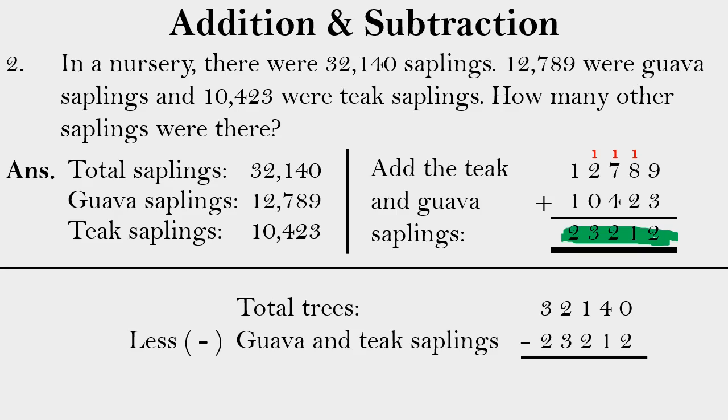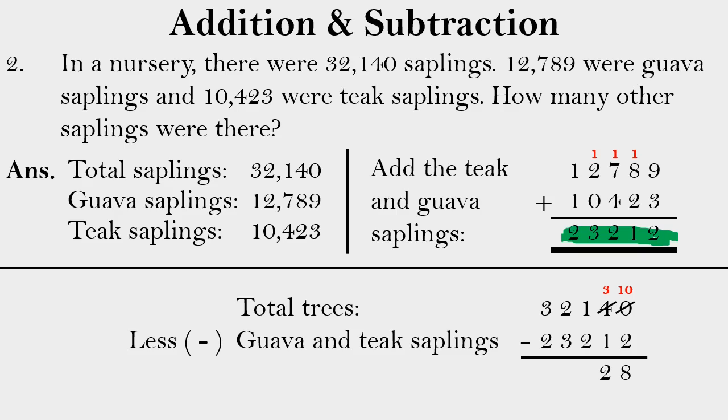Let's do a subtraction and find out what is the answer. Now we cannot take away anything from 0, so we'll borrow it from 4. 4 will now become 3 and 0 will become 10. 10 minus 2 is 8. 3 take away 1 is 2.